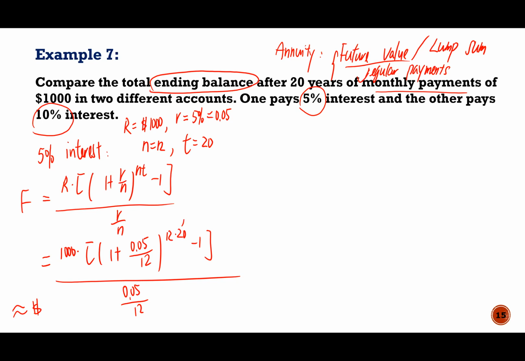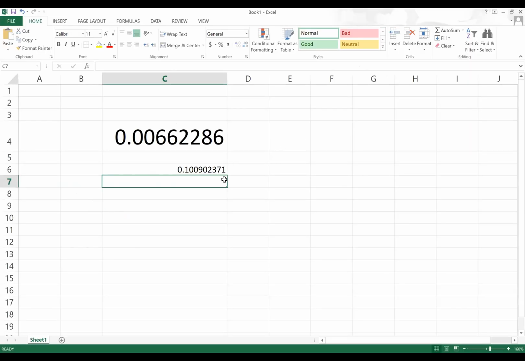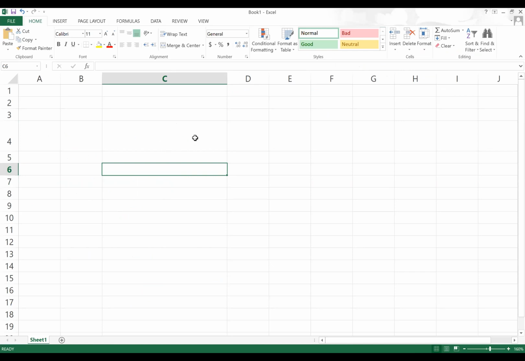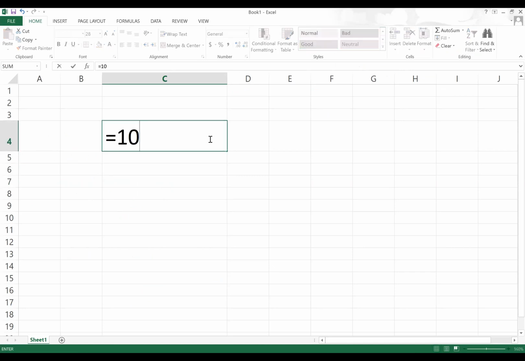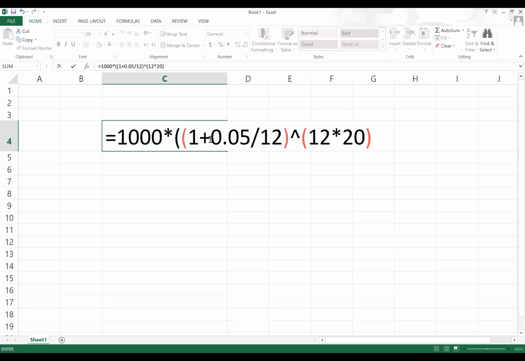One more time, let me show you how to do that in Excel. The first part is 1,000 times open parentheses 1 plus 0.05 over 12, raised to 12 times 20, close it, minus 1, and then you close the numerator.